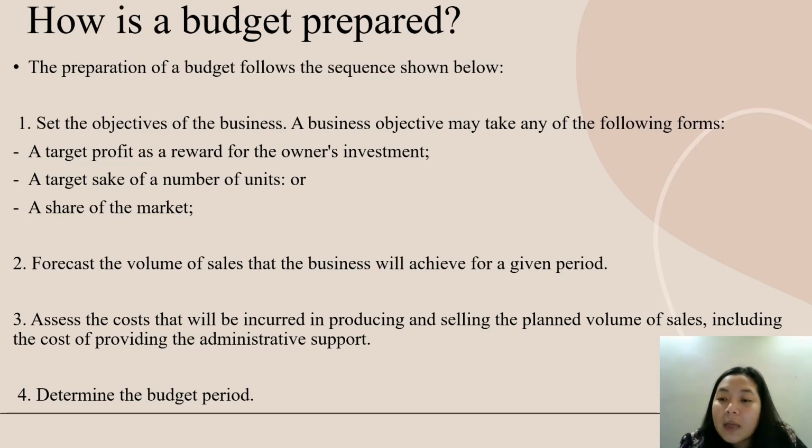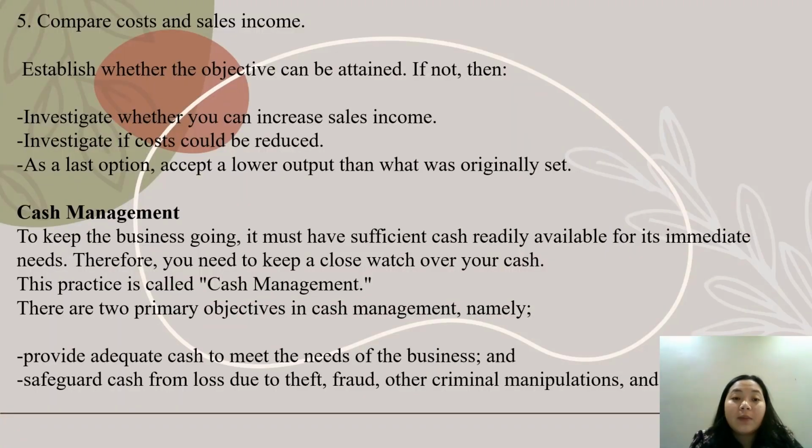Okay, and then number 5 is compare cost and sales income. Establish whether the objective can be attained. If not, then investigate whether you can increase sales income, investigate if costs could be reduced. As a last option, accept a lower output than what was originally set.